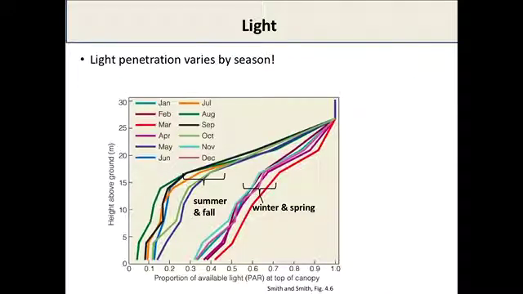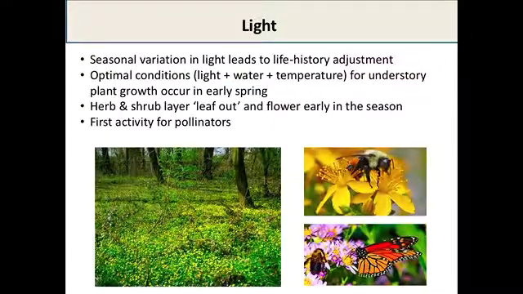So we see these patterns in not only the absolute availability of light at different heights, but that the degree to which light differs between different heights is influenced by the season. And that has real ecological consequences.